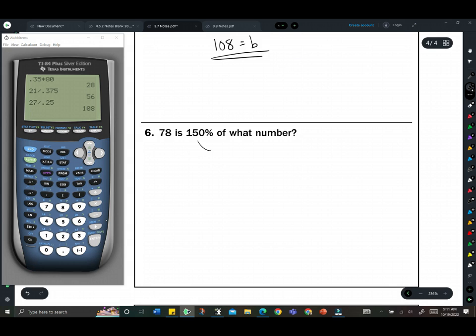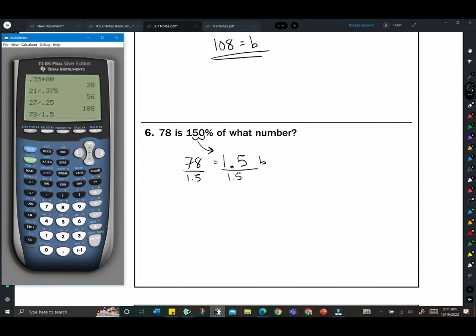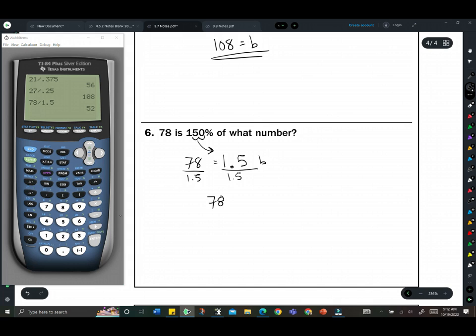I'll help you out. 150% as a decimal is 1.5. Remember, you move it two places. 78, and we're finding the B value. So divide by 1.5. 78 divided by 1.5 is 52. So B equals 52.